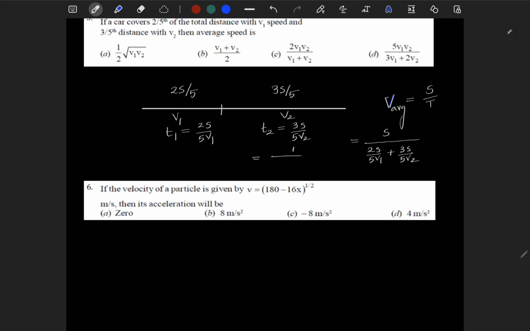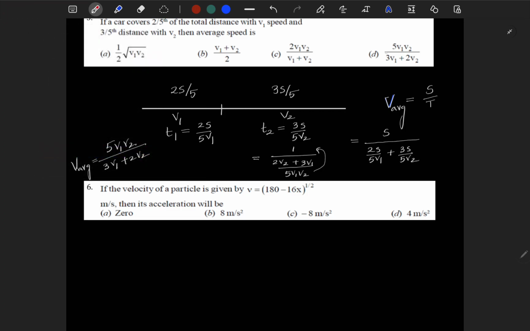The LCM of this is actually 5 v1 v2, and here you are left with 2 v2 plus 3 v1. So if you take the other side, the numerator, then the answer would be, I'm writing it here, 5 v1 v2 upon 3 v1 plus 2 v2, which is the answer for this question. And this is a very basic question in kinematics, which is option D.